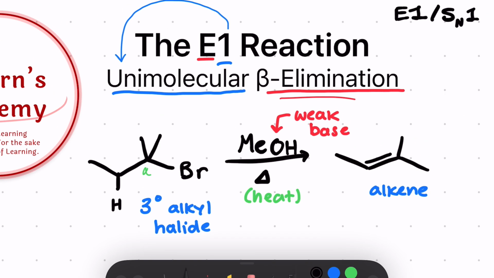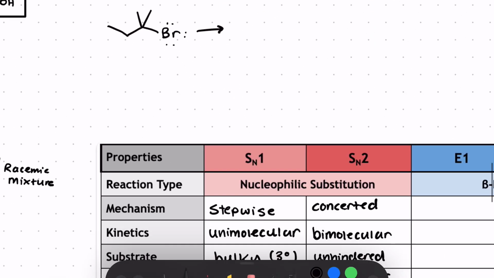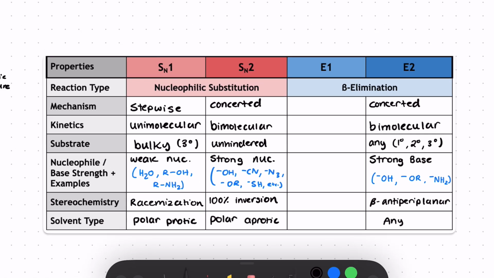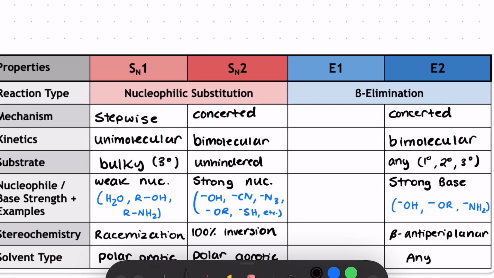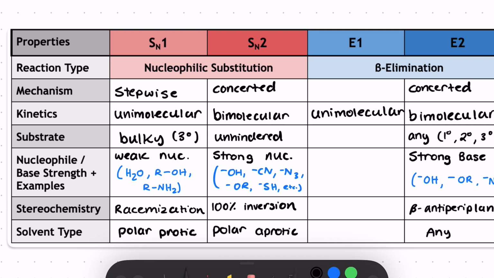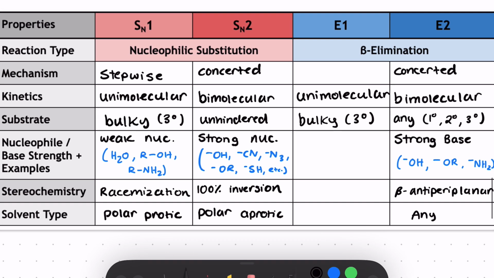So let's take this knowledge and go ahead and fill out our table. We'll get to this mechanism in a minute. You can notice we are almost done with the table. This is the last bit we have to fill out. So kinetics, I'm going to start with kinetics. We said unimolecular. The substrate, just like SN1, is bulky, tertiary. Nucleophile base strength: this is elimination, so we're going to be using a weak base.